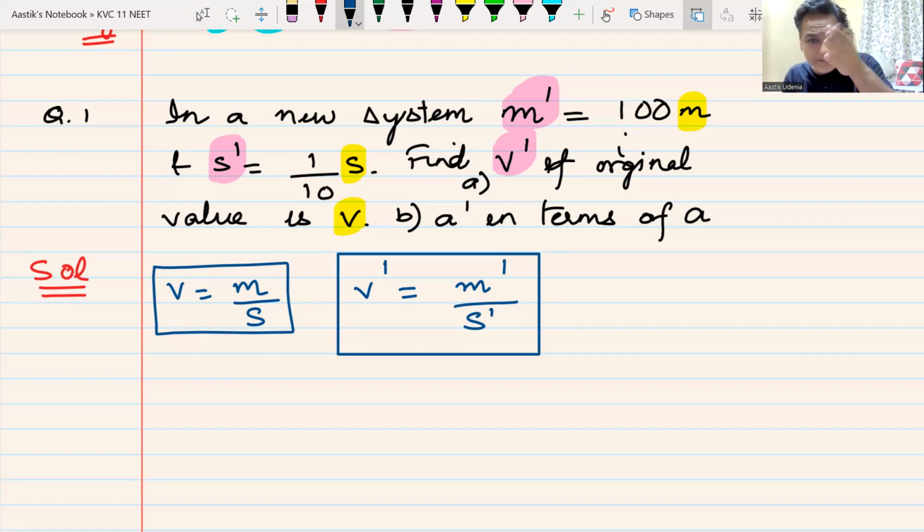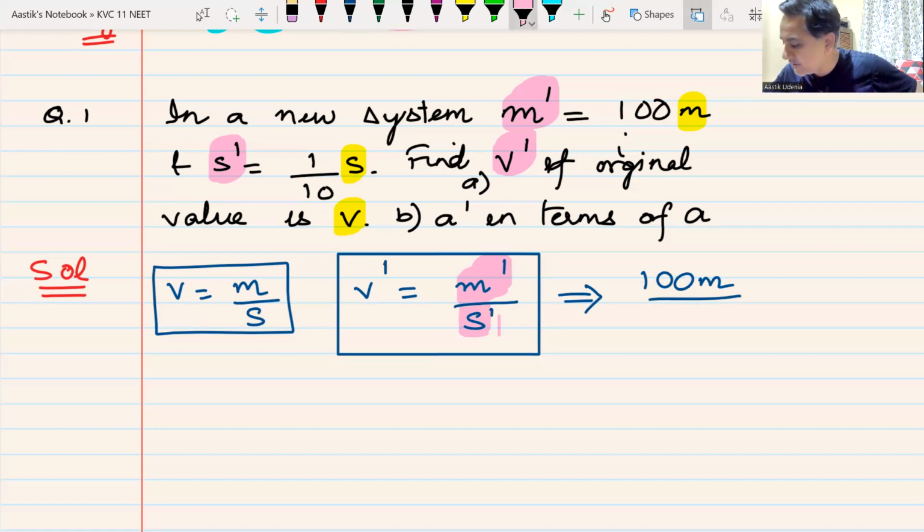Now, it is very simple. You can either apply the formula N1 U1 is equal to N2 U2, or you can simply do it, because now I can just put the value of M dash. How much is M dash? M dash is 100 times M, divided by what is my S dash?